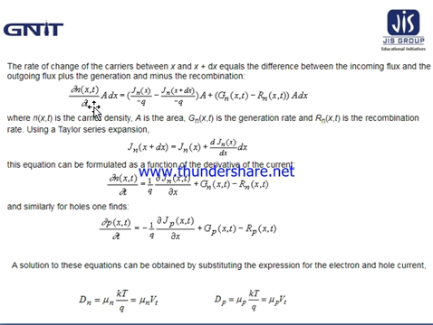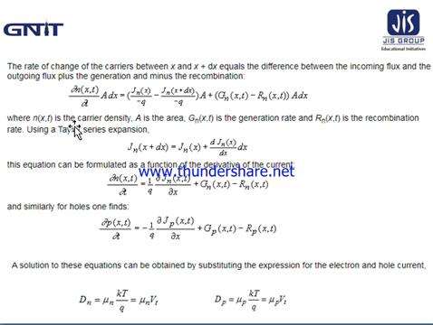That's why it is written that del n(x,t) by del t into A dx equals Jn(x) by minus q, that is the incoming flux, minus the outgoing flux, that is Jn(x plus dx) by minus q, into A for area, plus generation rate Gn(x,t) minus recombination rate Rn(x,t), into area A dx.